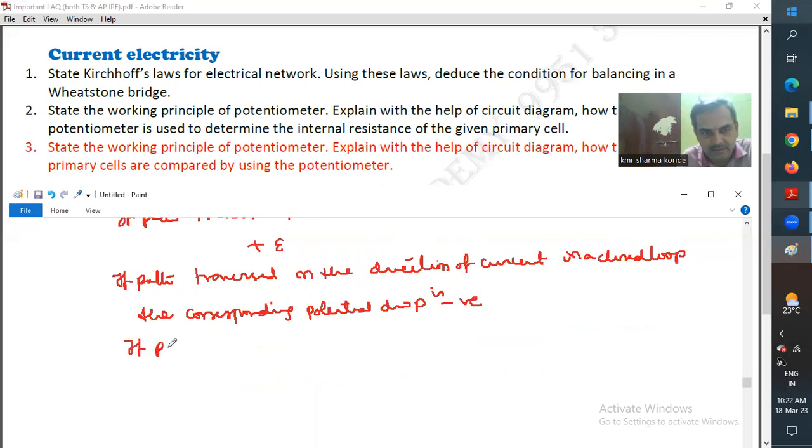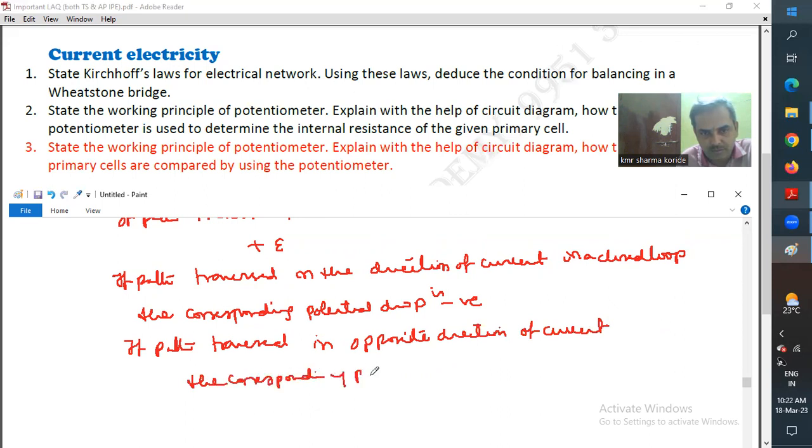If the path is traversed in opposite direction of current, the corresponding potential drop is positive.